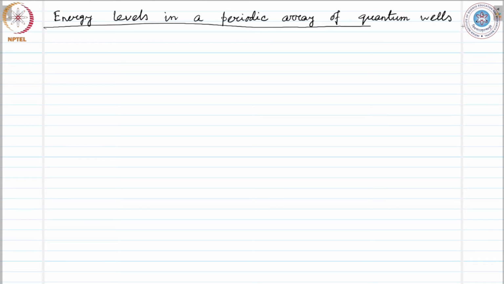So how do we find out the energy levels for a periodic array of quantum wells? Let's draw the picture first.